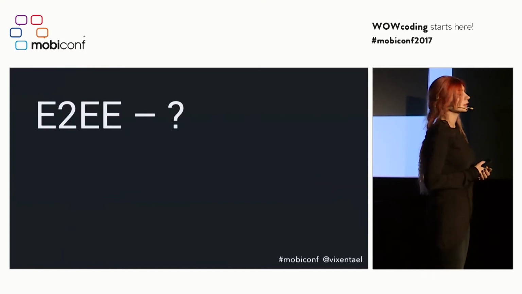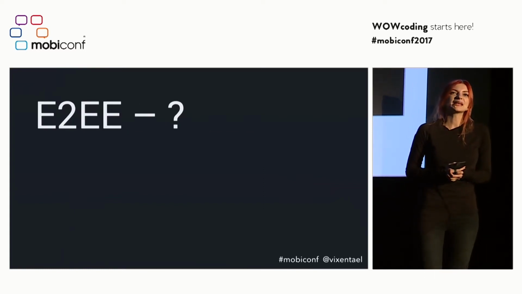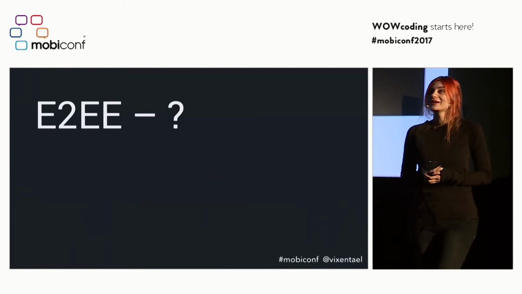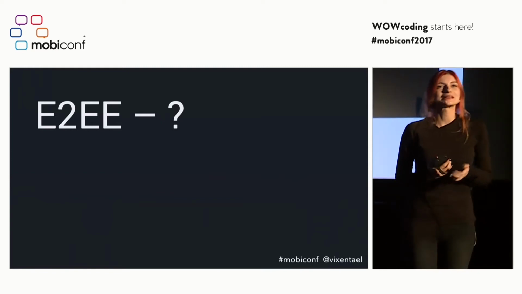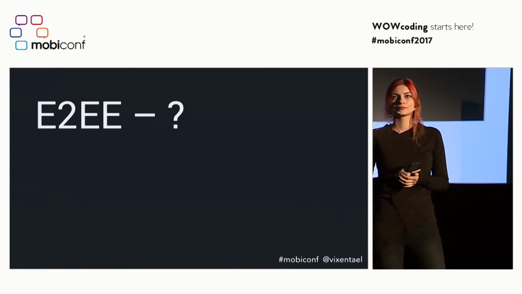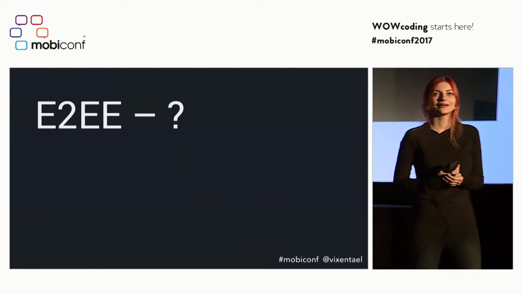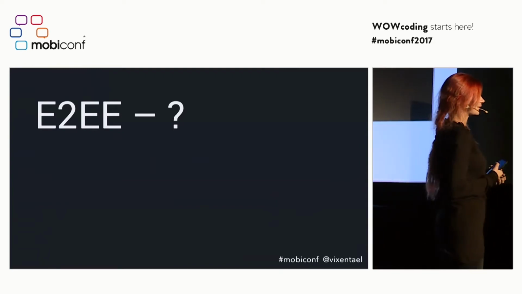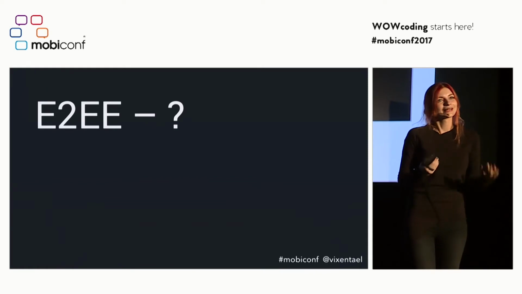Let's move forward. What does E2EE mean? Okay, a tip for you. It means end-to-end encryption. What does end-to-end encryption mean? Safety. Yeah, well, at some point, yeah, but anything else?